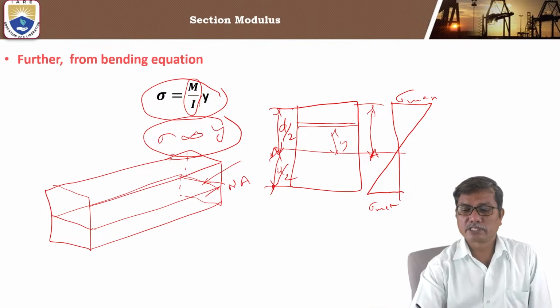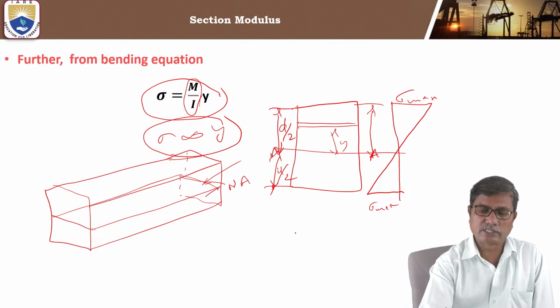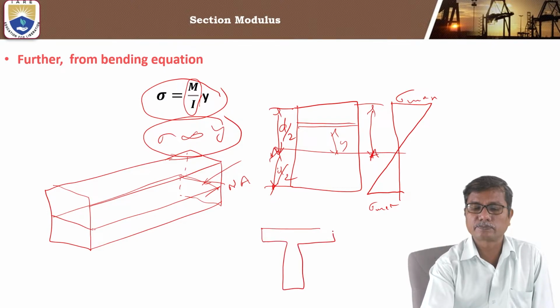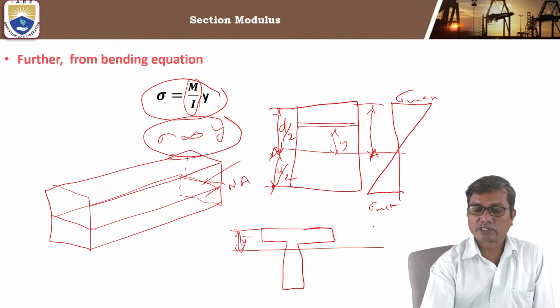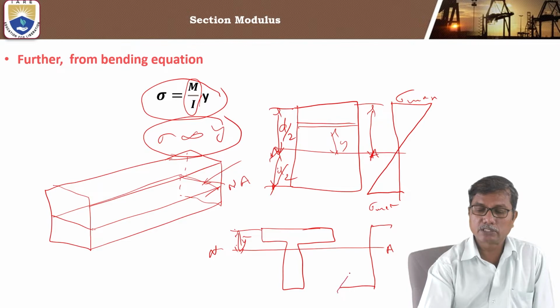But if the section is unsymmetrical, for example a T section, the neutral axis lies somewhere here. The stress will be zero at the neutral axis, not at the mid height, and maximum at the extreme fibers.